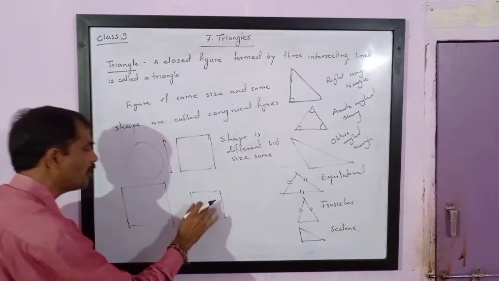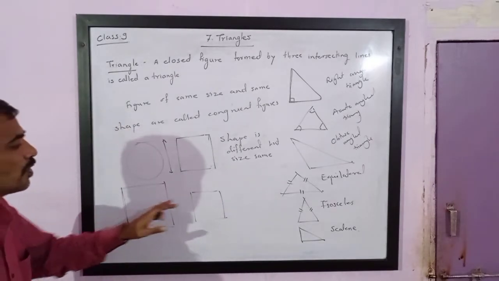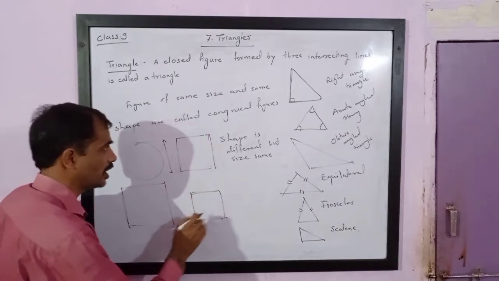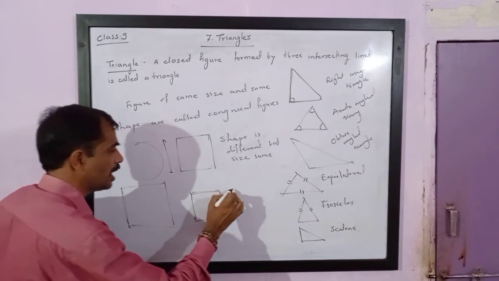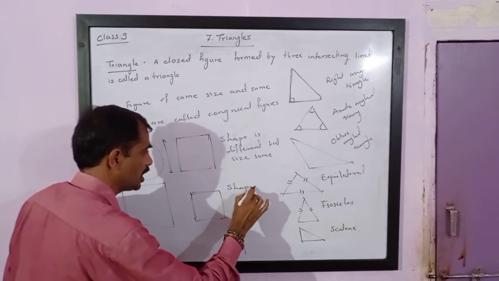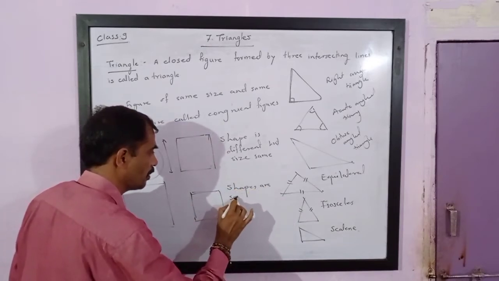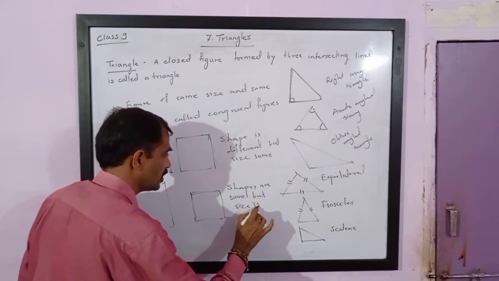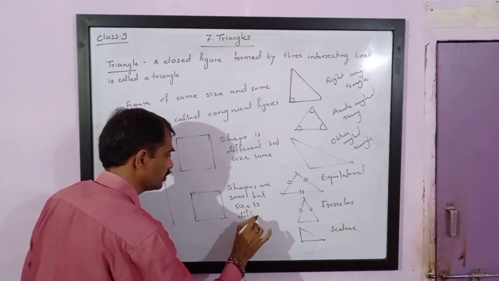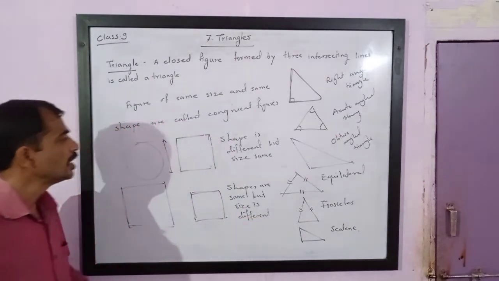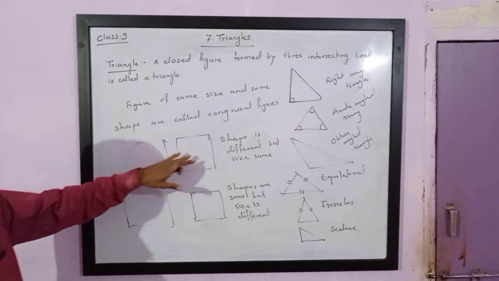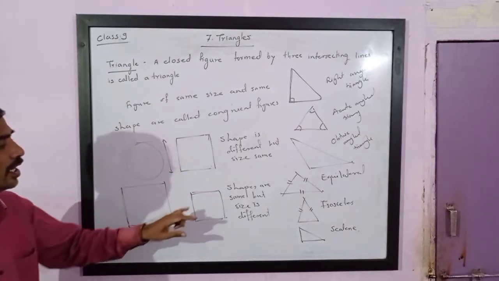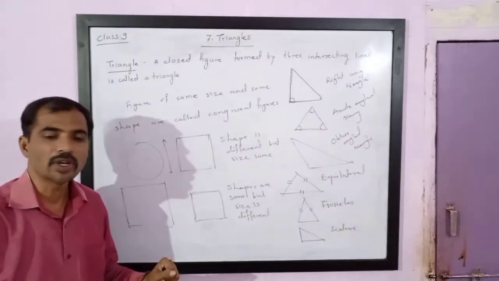Now here the shape of the figure is the same, please note both are squares. They may not look like it, but you have to assume that they are squares. So if they are squares, their shapes are the same, but the size is different. So understand this. Here shapes are different but size is the same. Here shapes are the same but size is different. If such is the condition, then they cannot be called congruent figures.